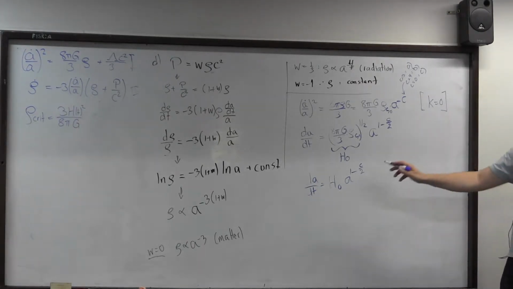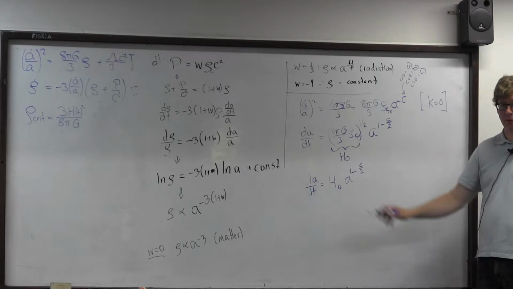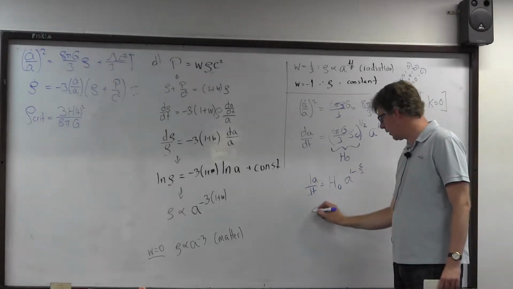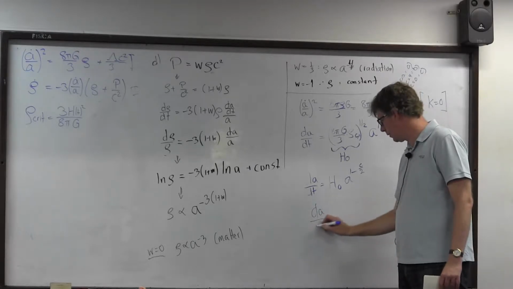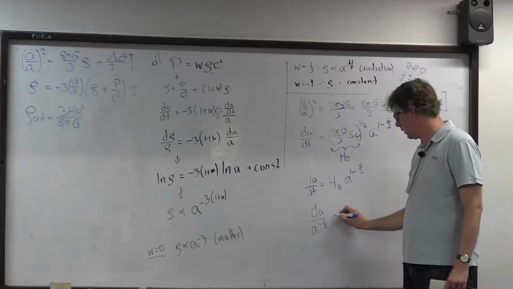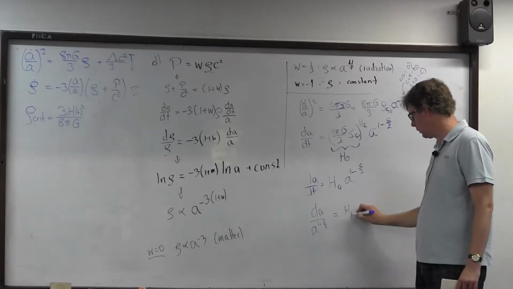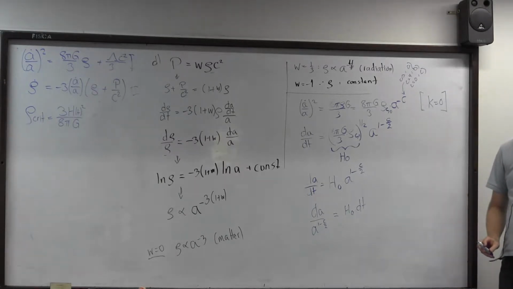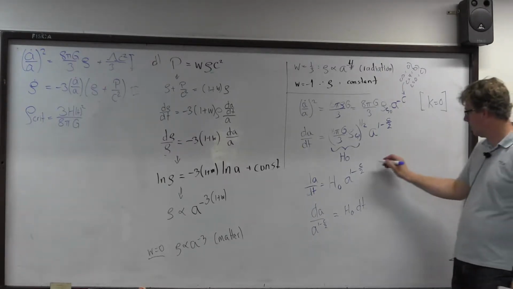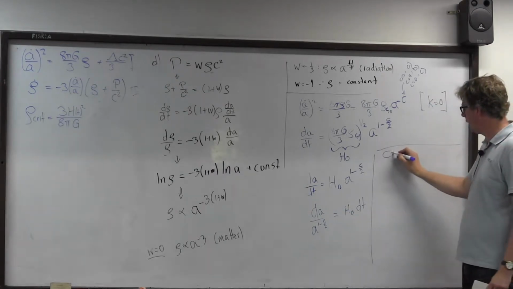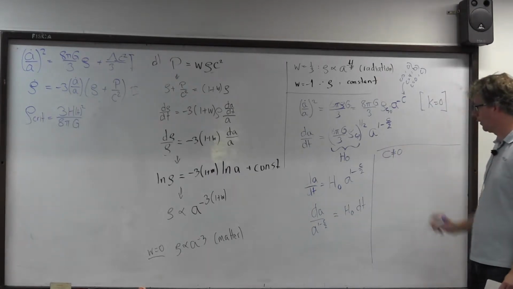And then you can integrate this. Now this can be integrated quite easily. You divide over on the other side. You have dA times A to the power c over 2 minus 1, and that's H naught dt. If c is not equal to 0, then you can do this integral very easily.